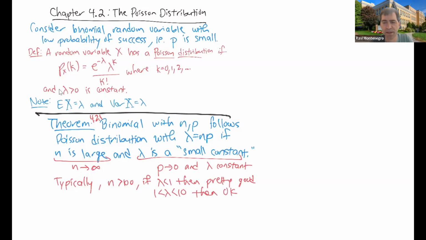And if it goes beyond that, it's probably not going to be very good. But these are all very vague because if n was 10 billion and np was 11, then p is still really, really small. Now, just in the sort of data we look at, this sort of rough idea works. But if n is getting big enough, it can make up for this lambda value being larger.